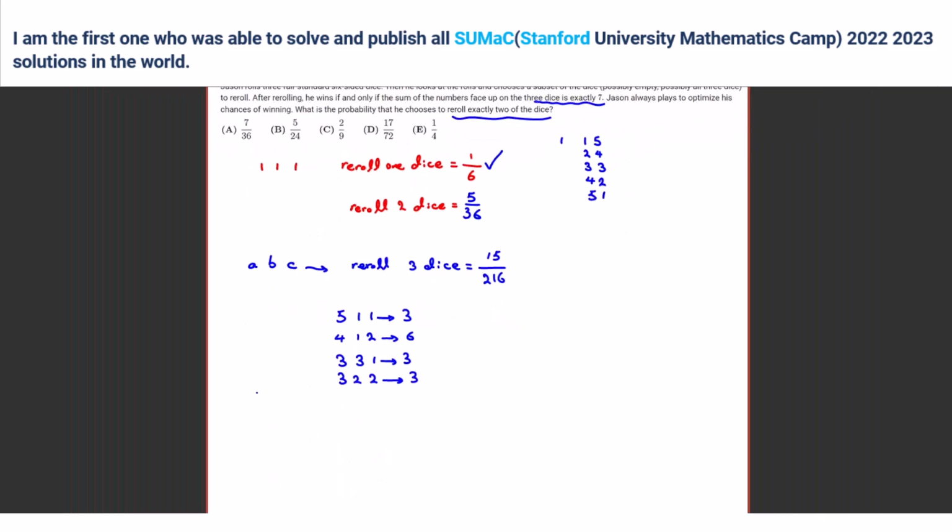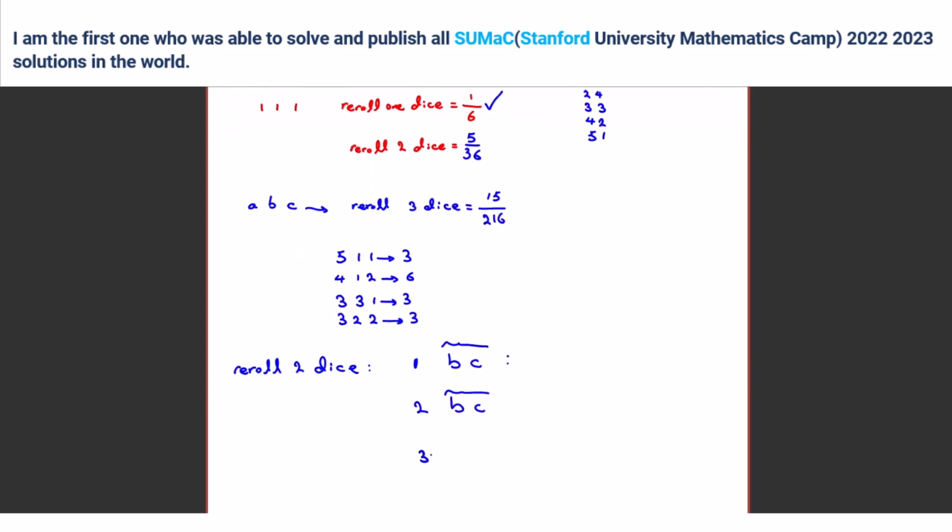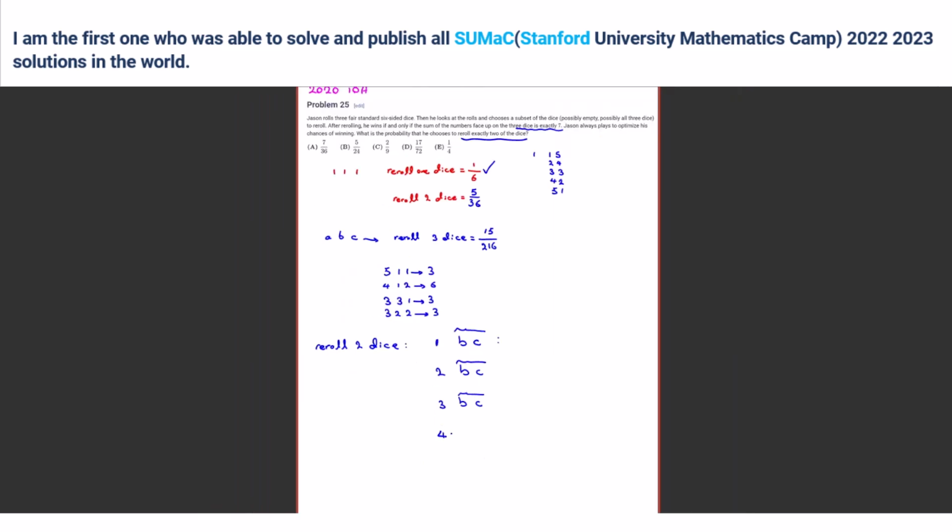Now let's consider something. If we reroll 2 dice, let's consider the first one is 1, and the next terms are B, C. If the first is 2, and you want to reroll the other 2 dice; if it is 3, and so on up to 4, 5 and 6.